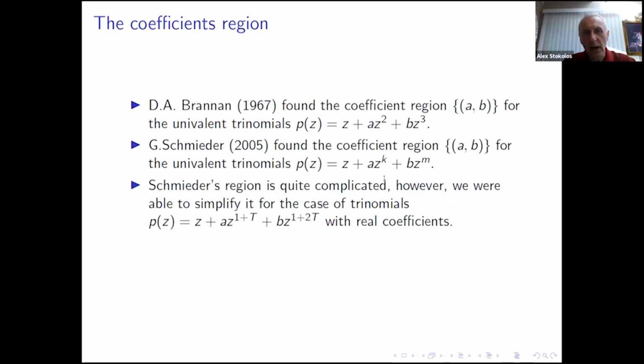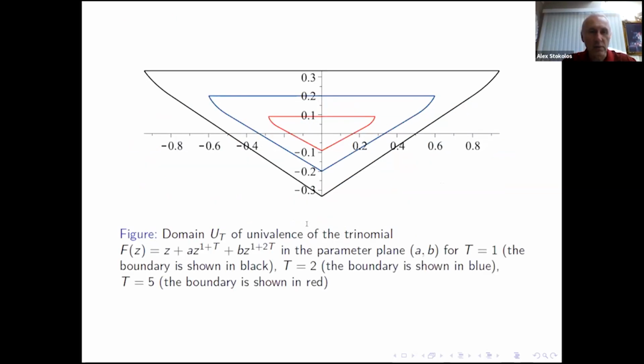And amazingly, if you consider not general trinomials like this one, but t-symmetric, t-fold trinomials of this form with real coefficients, this region simplifies and looks really nice. So I am proud to show you perhaps the most beautiful pictures in this conference.